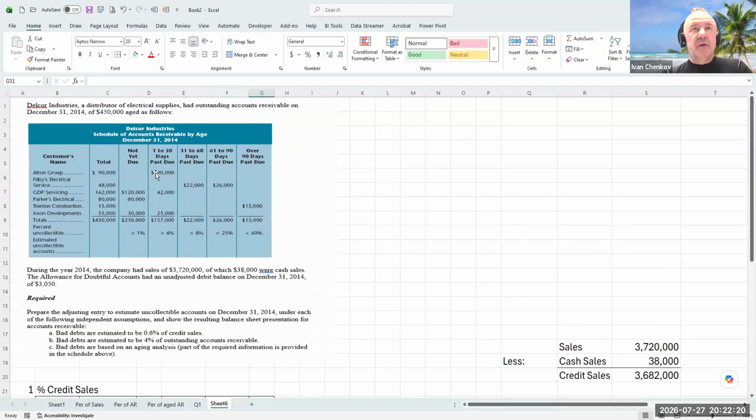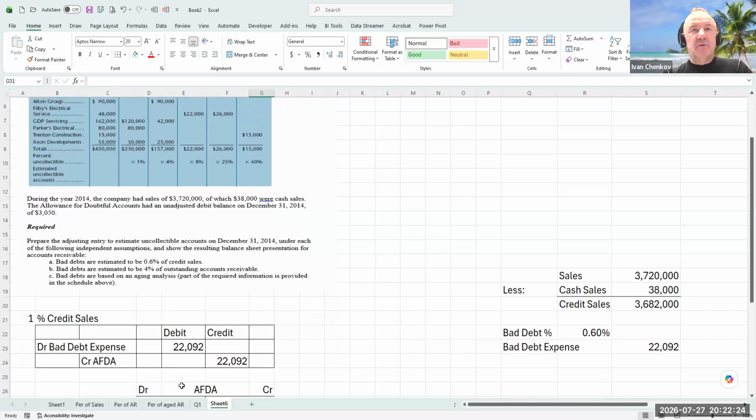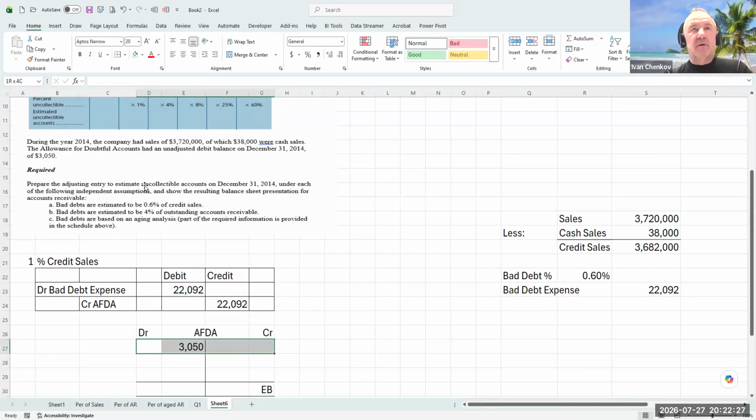There is nothing during the period. We're not writing off anything. As you can see, there's no journal entry under this account on the debit side. The only journal entry here is the one that is related to the bad debt expense at the end, which is here we have a credit for 22,092.